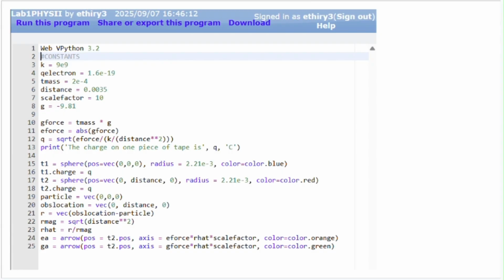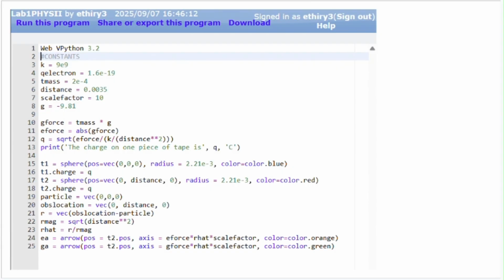Now for our computational model. This is the code that I figured out. So we have the constant K, the electron charge, the mass of the tape, the distance that tapes A and B were together, a scale factor of 10, and then g is negative 9.81.